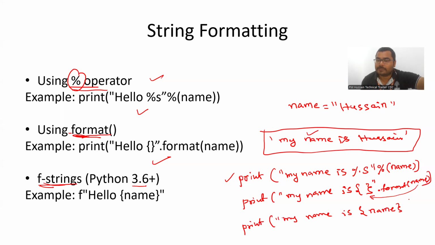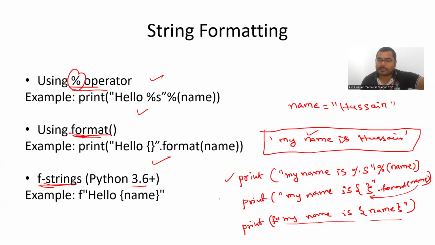Before this string, you need to write one letter F. That's why it is called the F string method. F, then in double quotations or single quotation, you write "my name is", and in curly braces the variable you want to print.